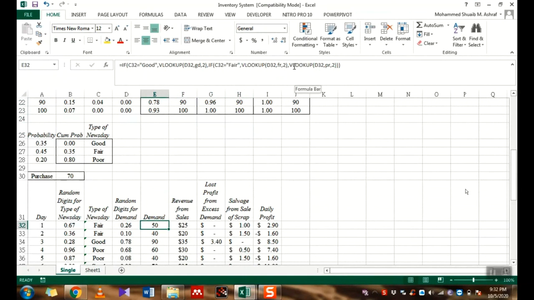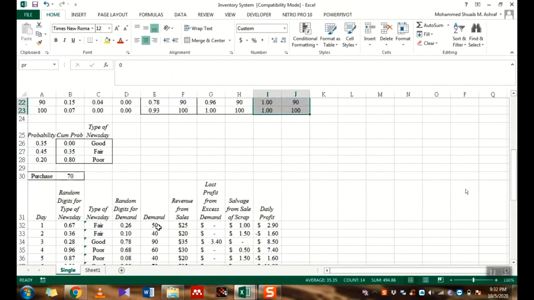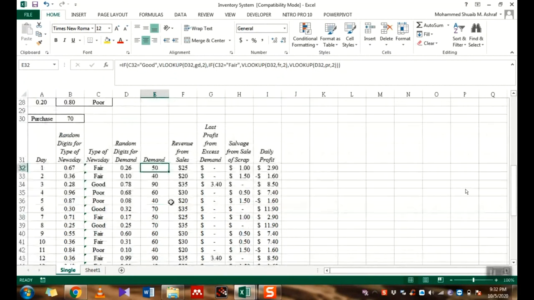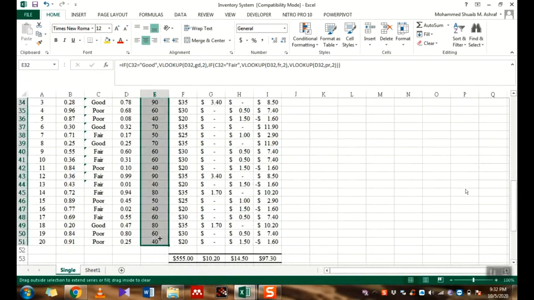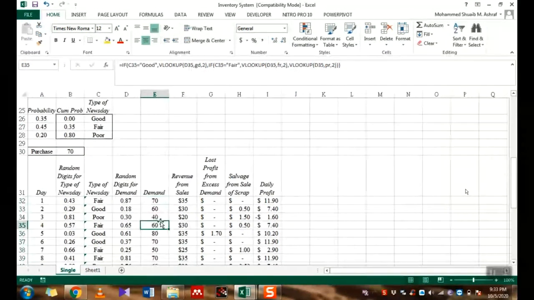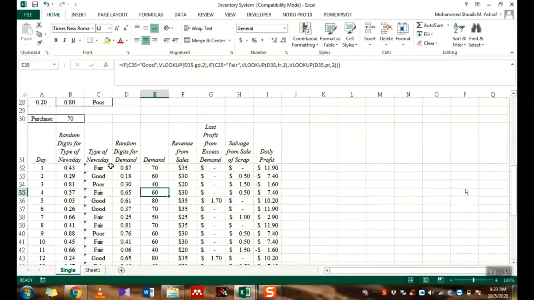And of course, if poor, we will look up this. You can see. Okay. This will be applied to all the cells, and the demands for these 20 days, depending upon the type of news day, will be generated.